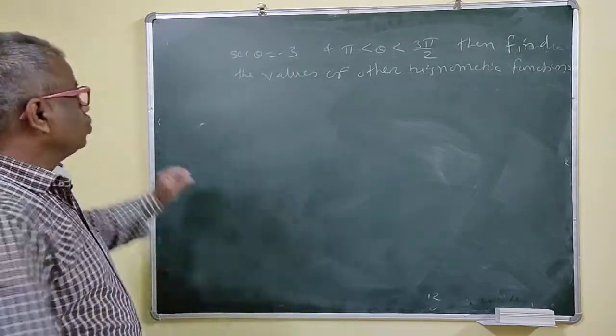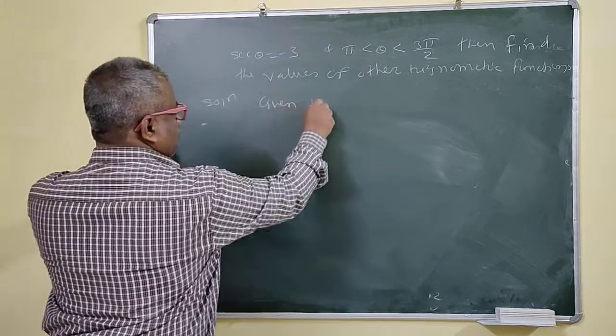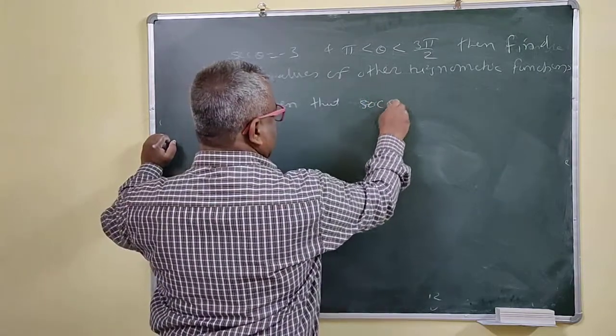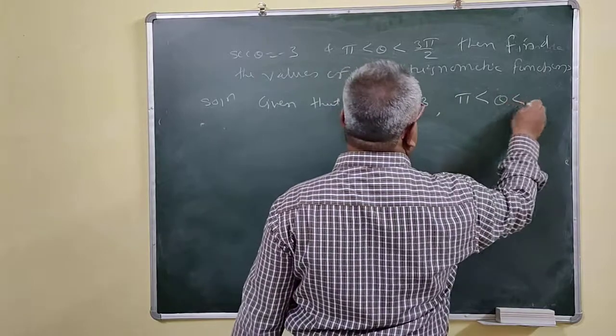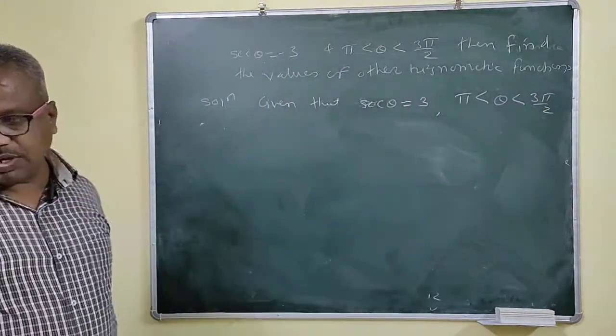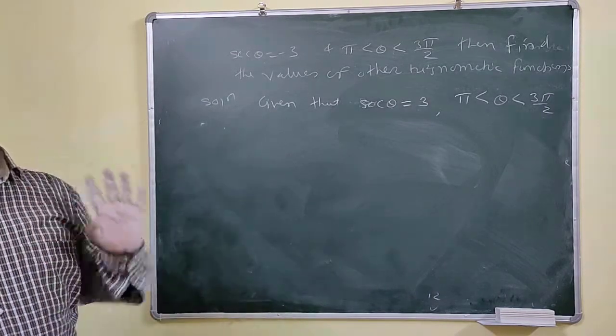Okay. Now the solution. Given that sec theta is equal to minus 3, and theta lies between pi and 3 pi by 2. This position is very important. Now we have been given sec theta, which means we have been given cos theta.